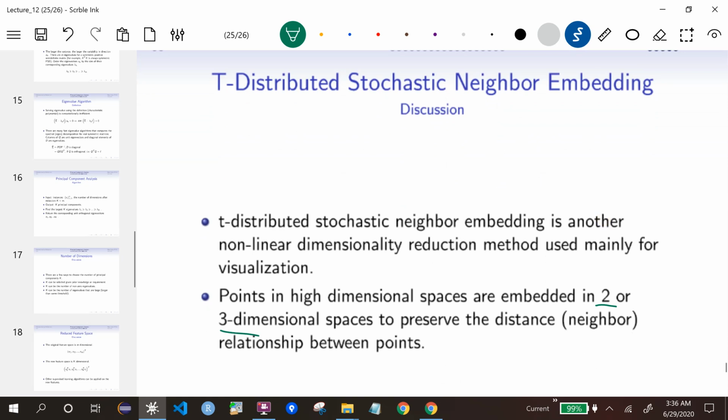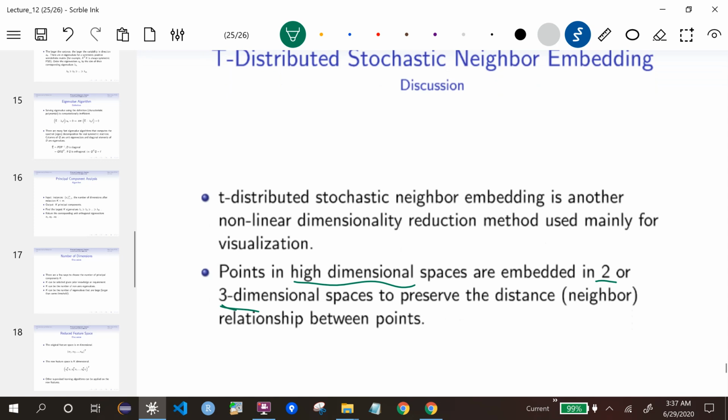This algorithm, named t-distributed stochastic neighbor embedding, is doing the following: we want to visualize a high dimensional space, where by high I mean something like 100 or 500 dimensions. We want to put them into 2D or 3D and visualize those data sets.